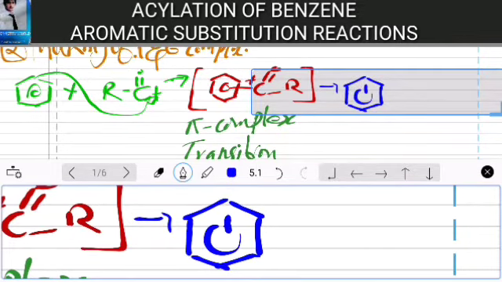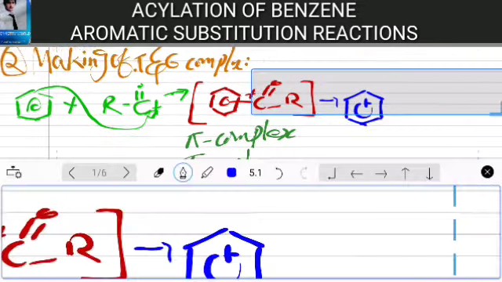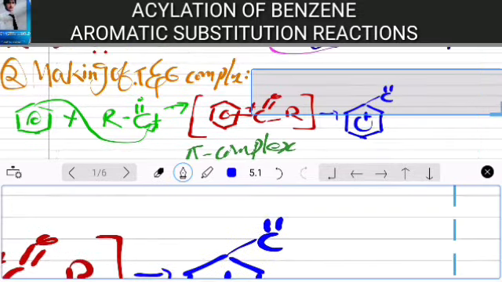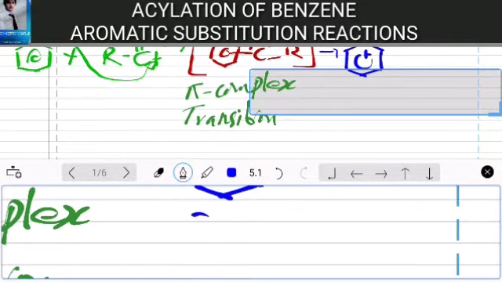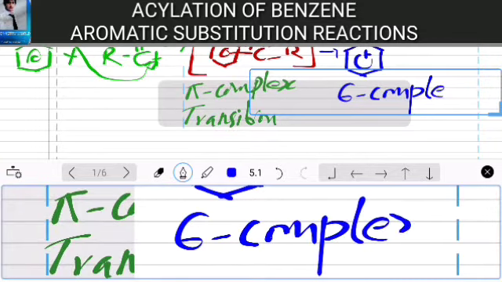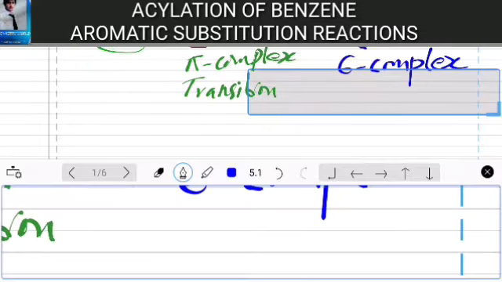We will show it as follows because it is conjugated and delocalized. Here we have C double bond O R, and here we have H. It is our sigma complex intermediate because it is conjugated and delocalized.